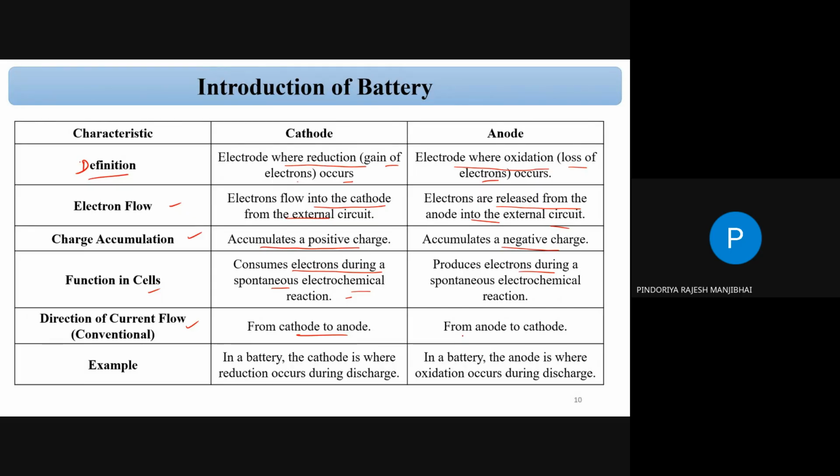Example: in a battery, the cathode is where reduction occurs during discharge, and the anode is where oxidation occurs during discharging. So this is a simple comparison between the anode and cathode terminals.